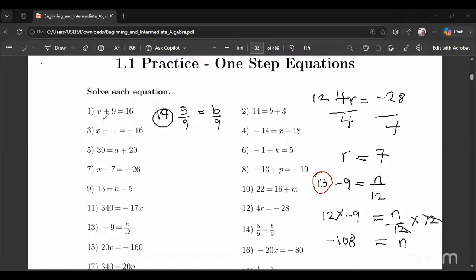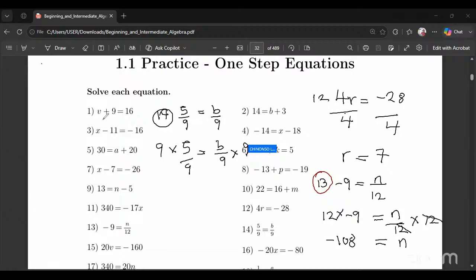So again, it's very easy. I don't even know if I need to solve because most times once you have the same denominator, applying the same principle on both sides of the equation would definitely just take out the denominator. For example, if I multiply both sides of this equation by 9, that would be 9 multiplied by 5 all over 9 is equal to b all over 9 multiplied by 9.